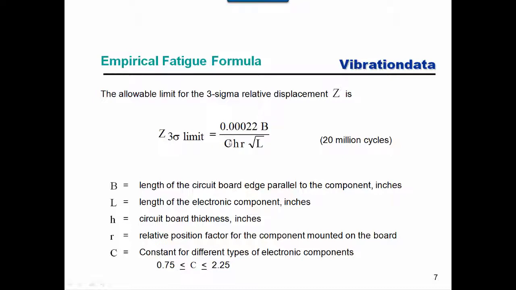So another way to think about this formula is that sometimes these parameters are just going to become a little fuzzy, because this is really based on kind of a simply supported rectangular circuit board. And I was actually on a project once that had crescent-shaped circuit boards for a missile assembly. And sometimes it's going to be a little bit ambiguous as to what this piece part constant is, or even what this R position factor is.